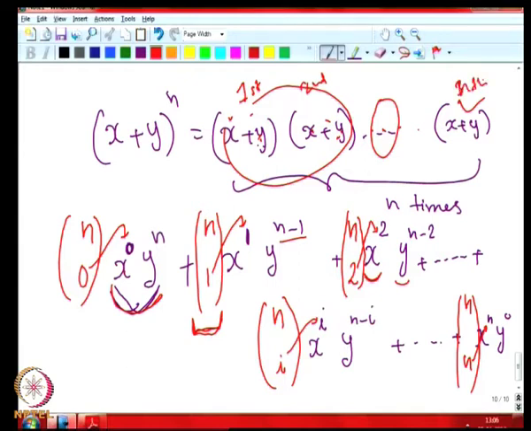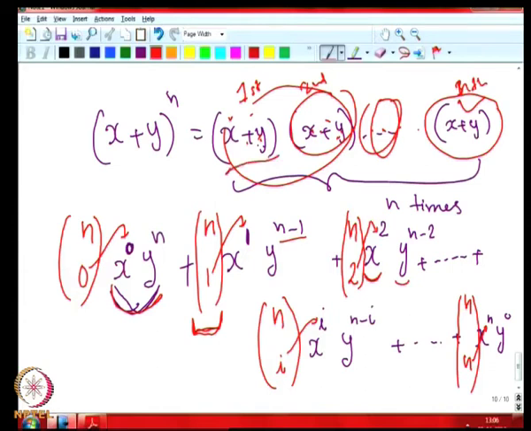That way we are saying that this is the first, this is second, this is third, this is fourth. Though it is all written x plus y, in this order we see that these are different objects: the first object, the second object, the third object, and the nth object.